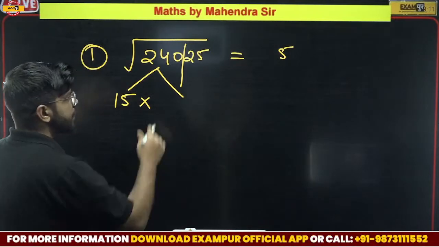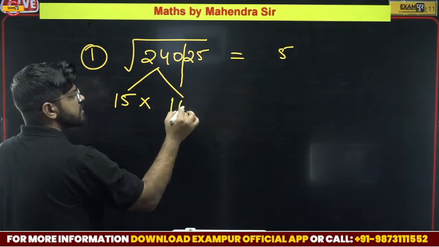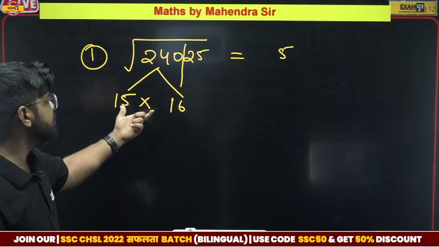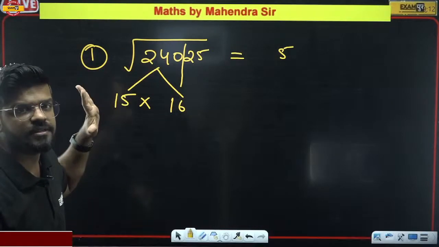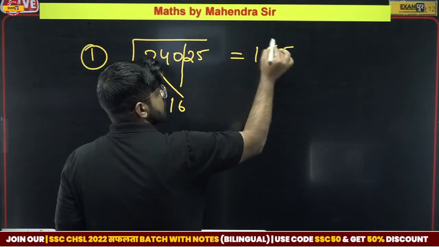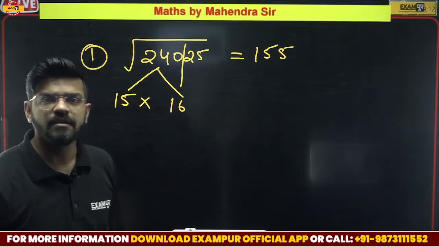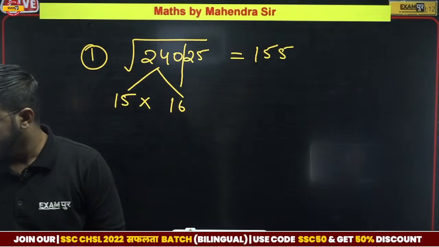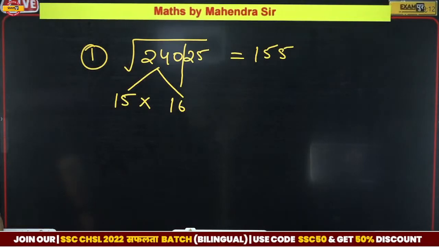So you know that after multiplying 15 into 16, you will get this only, that means 15 is my answer. So 155 will be the square root of this particular number. Is it clear to everyone?